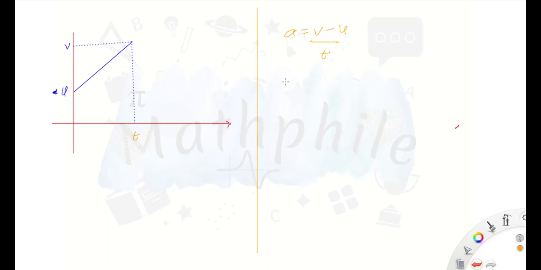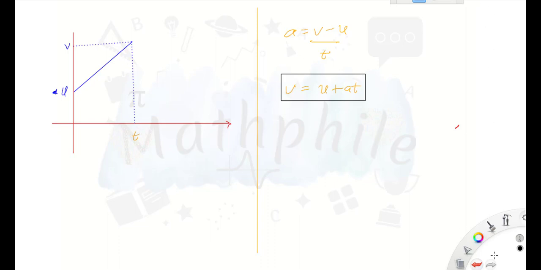If you manipulate this, you get v equals u plus at. Please confirm that for me. Is that okay? So let's count our very first SUVAT equation: v equals u plus at.